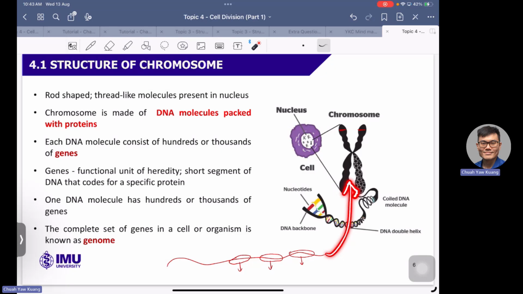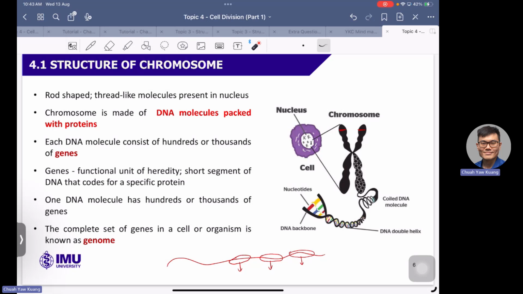You have 23 pairs of chromosomes, so that means a total of 46 chromosomes. In other words, we are having 46 strands of this DNA. So that's why during mitosis or meiosis, they will condense and become 46 chromosomes. One chromosome means one strand of DNA. We have 46 strands of DNA.